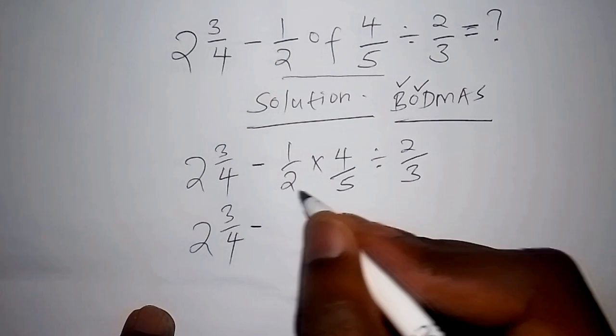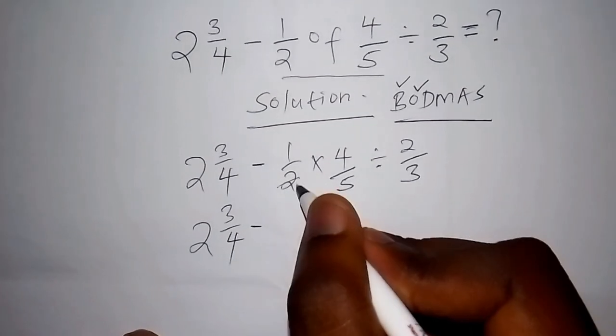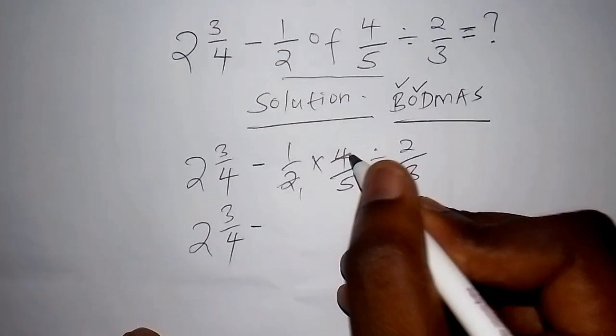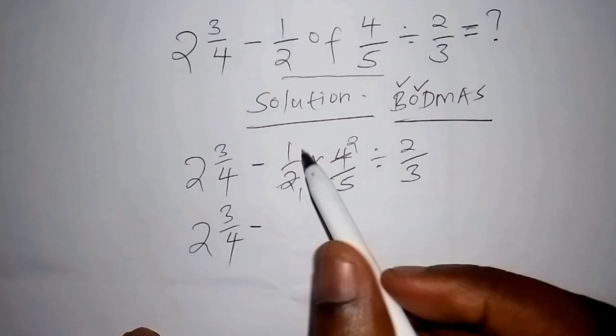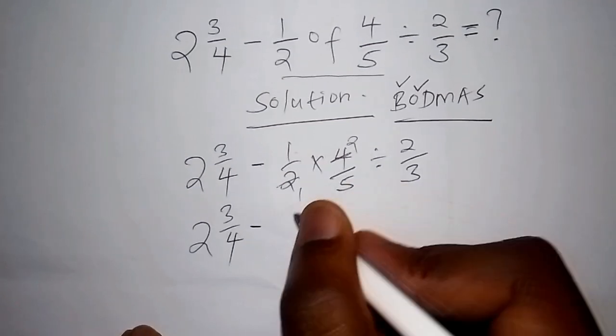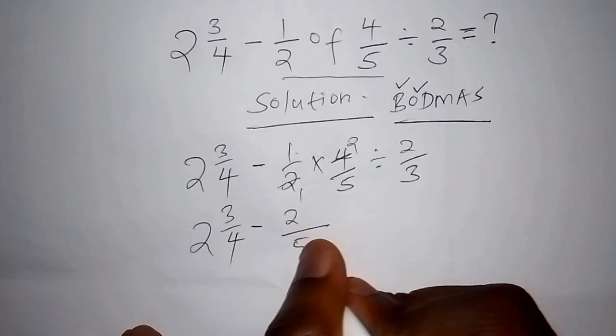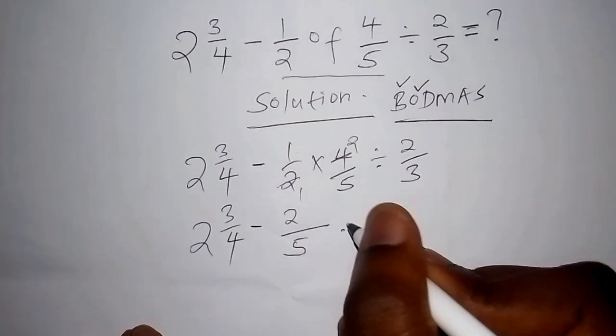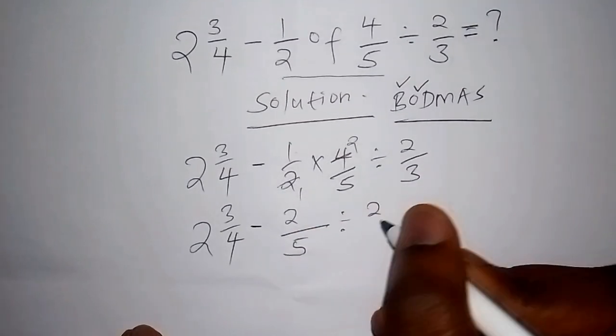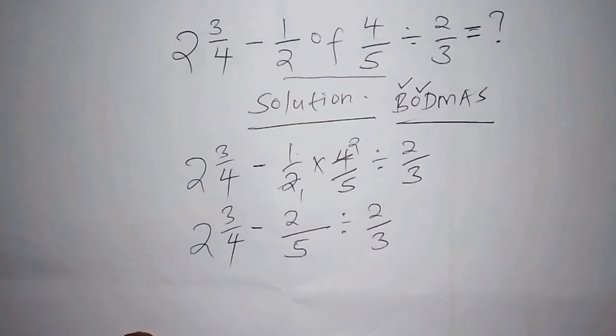We can cancel it: 2 goes into 2 once, 2 goes into 4 twice. So now we remain with 1 times 2, which is 2, all over 1 times 5, which is 5. Then divide by 2 over 3.